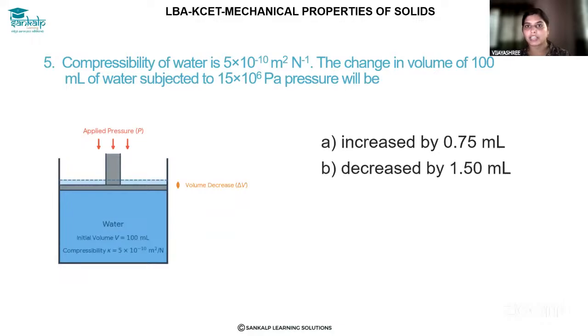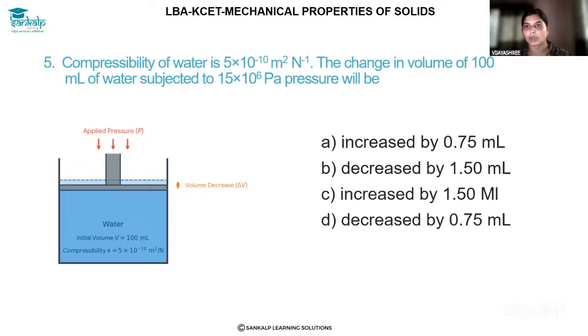Option B, decreased by 1.50 ml. Option C, increased by 1.50 ml. And option D, decreased by 0.75 ml.